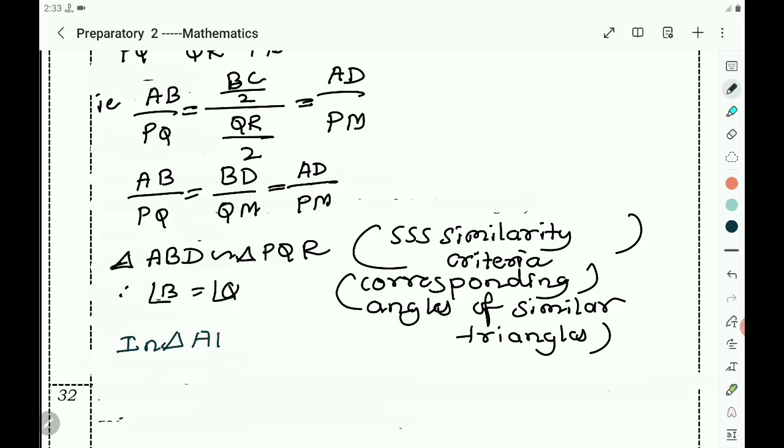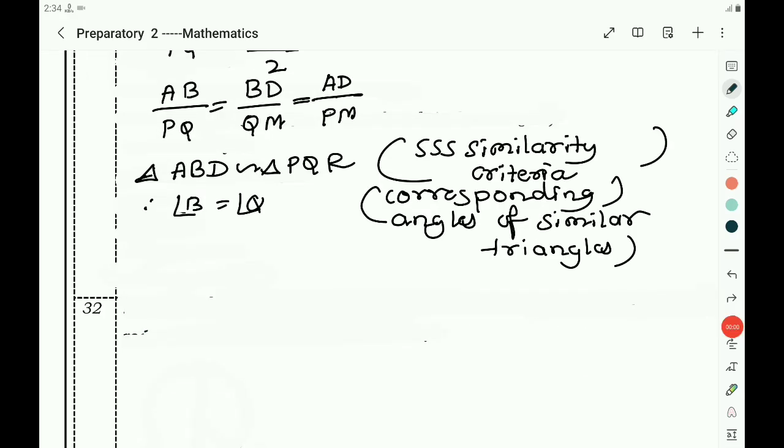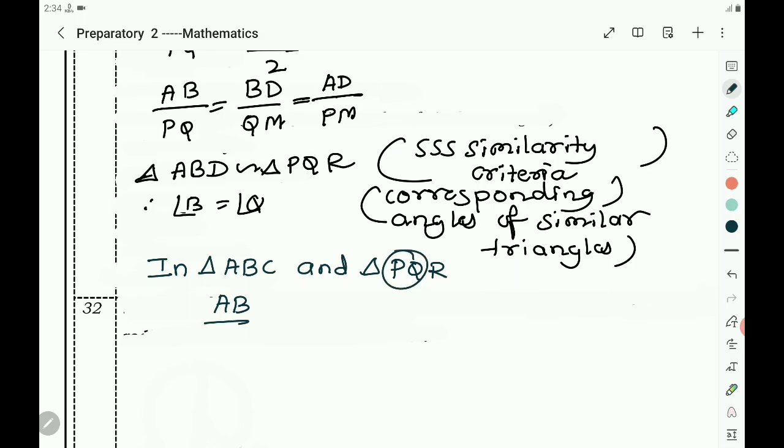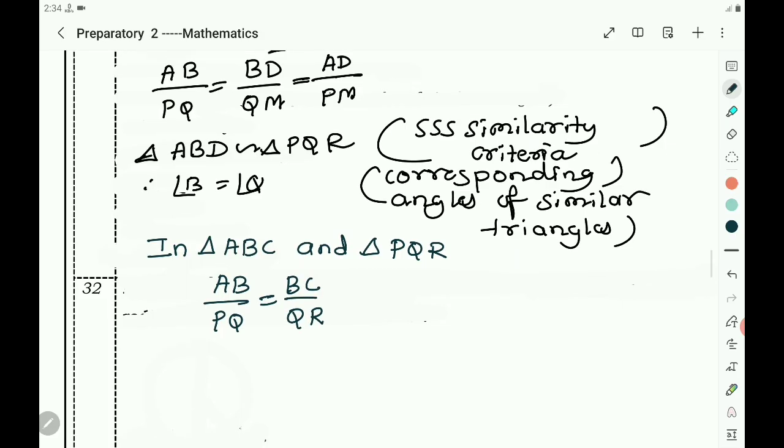In triangle ABC and triangle PQR, write AB by PQ equals BC by QR, that is given, and angle B equals angle Q, proved.